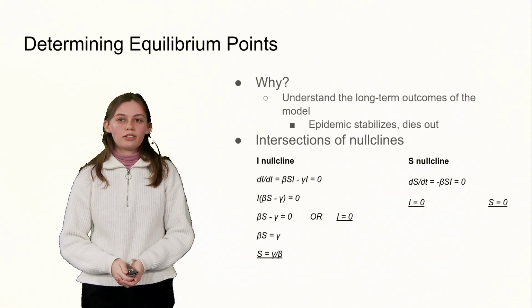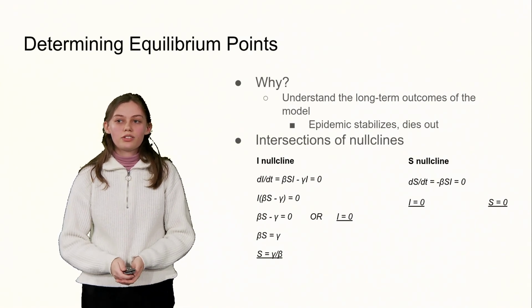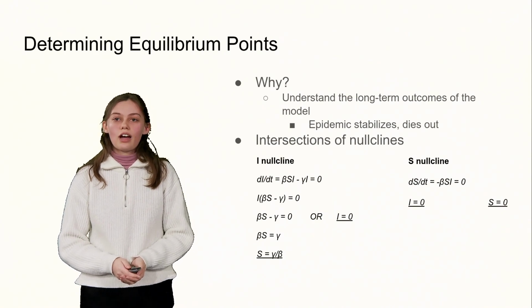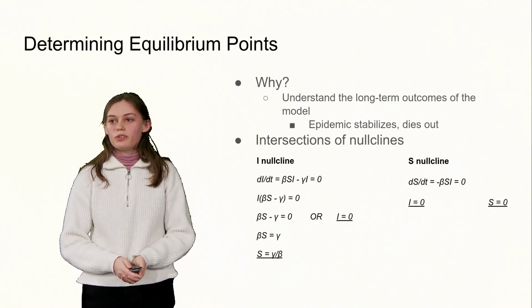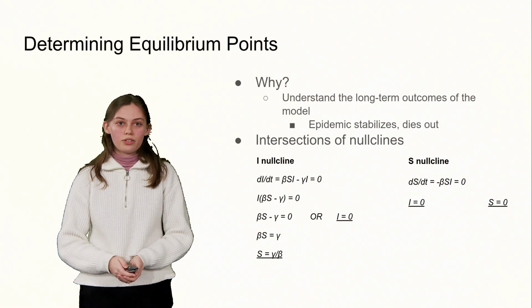So when we look at the intersection of these null clines, we have to set the derivatives of I and S to 0 to find these points. And as you can see in these equations, we get the following results where either I has to be 0, so there's no more infected people possible, or there have to be no susceptible people, so S equals 0, or S can be gamma over beta, so our recovery rate over our transmission rate.